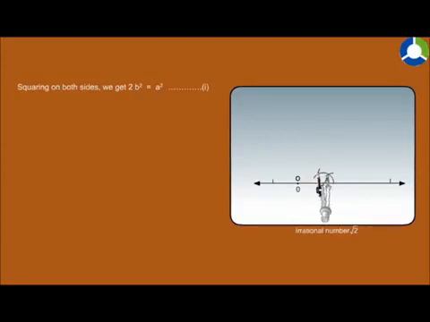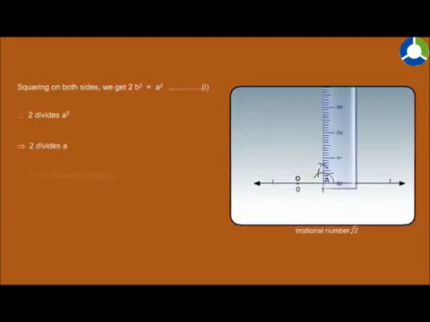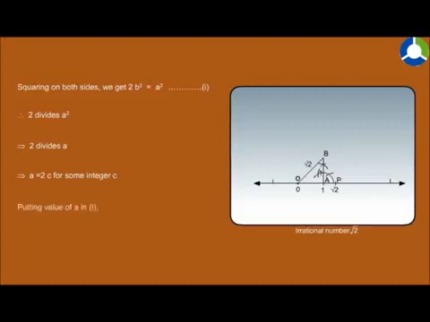Equation 1. Therefore, 2 divides a² implies 2 divides a, implies a = 2c for some integer c. Putting the value of a in equation 1, 2b² = 4c² implies b² = 2c². 2 divides b² implies 2 divides b.